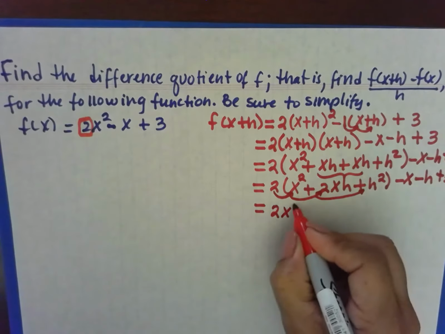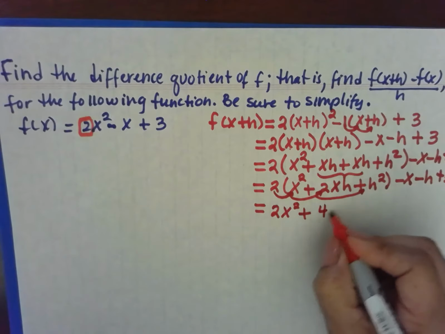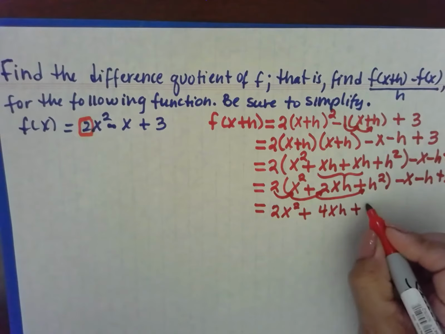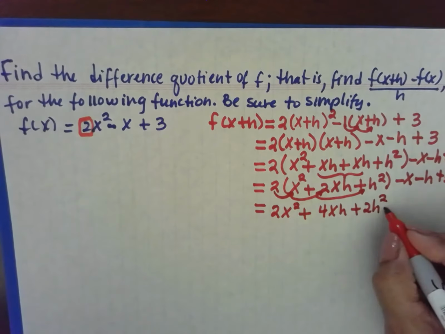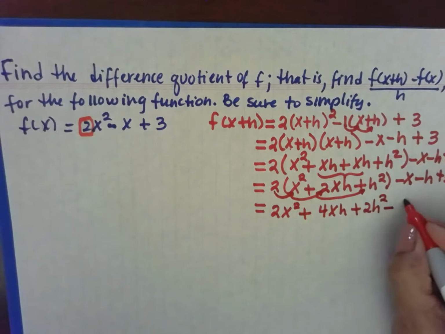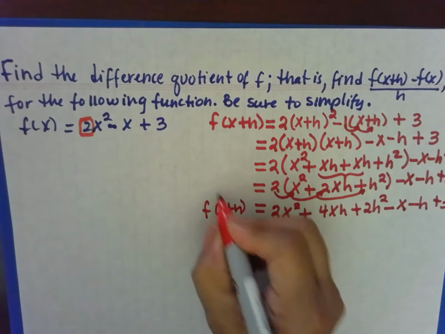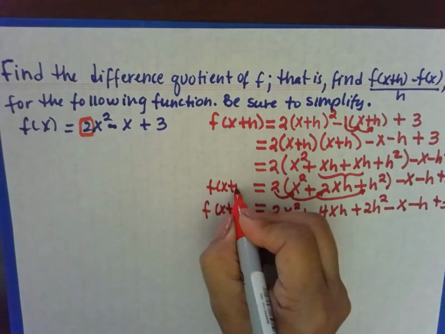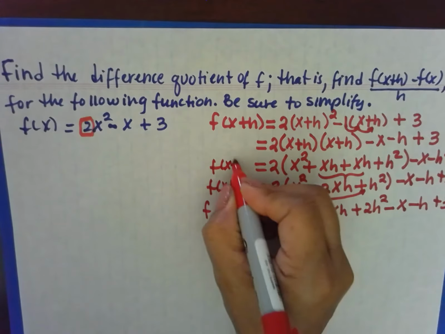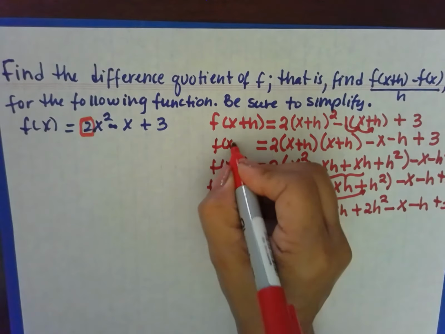This is going to be 2x squared plus 4xh plus 2h squared minus x minus h plus 3. So now we have the value of the function f of x plus h. That's what this all means, f of x plus h.